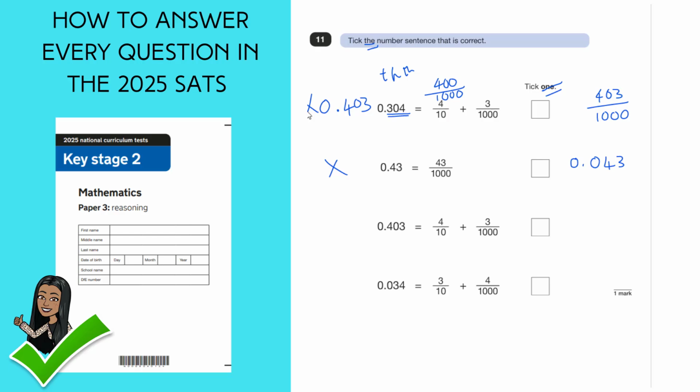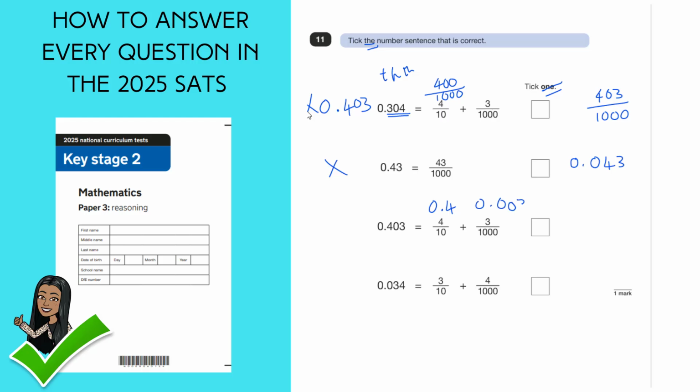So for this one, if I do it this time changing it to a decimal, now you can stick to doing them all out of 1,000ths. I've already shown you here, 4/10 is equal to 400 over 1,000. Actually, you can see we've already got this answer. So if I do the same question a different way, you can see that it does work. 4/10 is 0.4 and 3/1000 is 0.003.